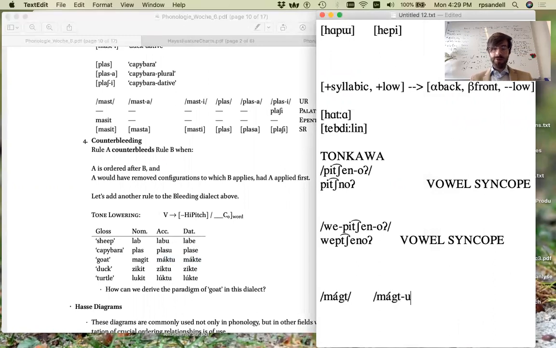So in the accusative, we would have underlying mag to with a high tone. We must need the same ordering of epenthesis and voicing assimilation as we had above.